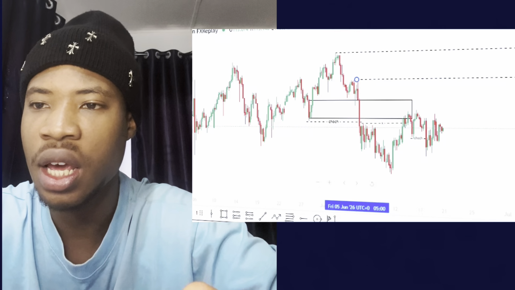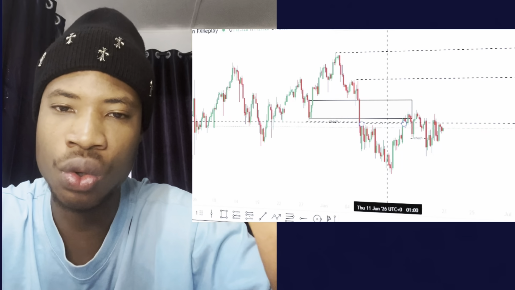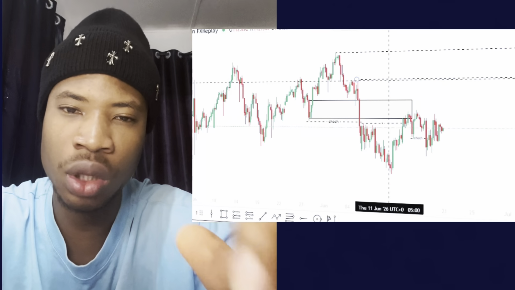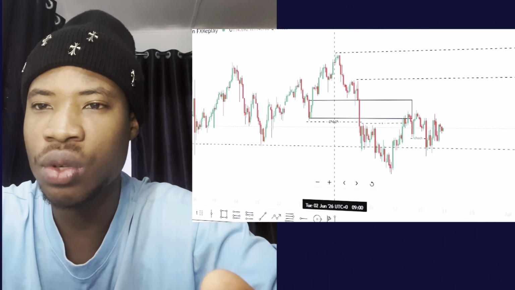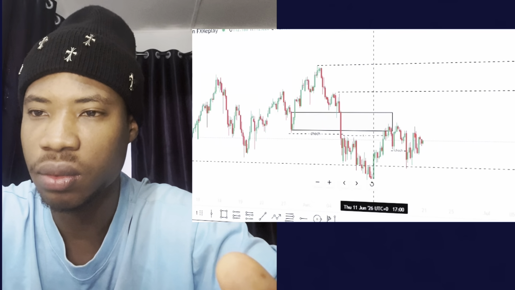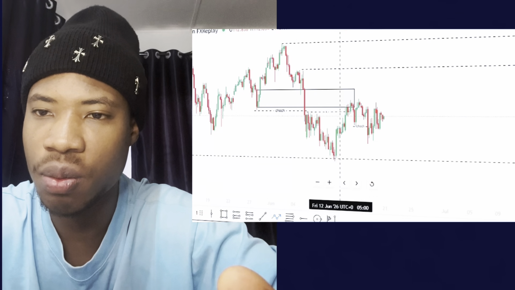So what did I say? If the market takes out this first one and changes structure, what are we going to do? We are going to sell. If the market takes out this last one and changes structure, what are we going to do? We are going to sell. Now the major trend is bearish. Now look at the counter trend. As you can see, the counter trend is also what? Bearish.